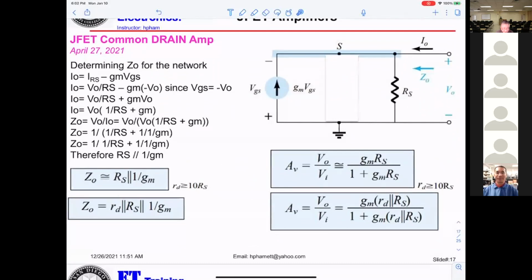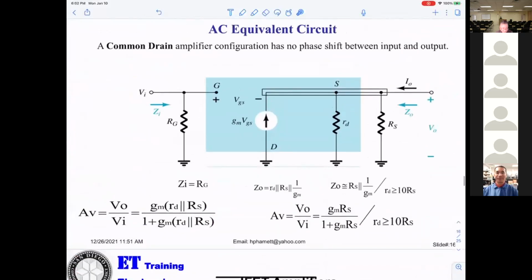Mr. Pham, one question. Yeah, if you go back to that, please. Yeah, right there. You have two different formulas. You got an A_V on the left and an A_V on the right, and the formulas are different. You understand, on this formula they also calculate the small r_d right here inside the JFET, and we already said we ignore that resistor.